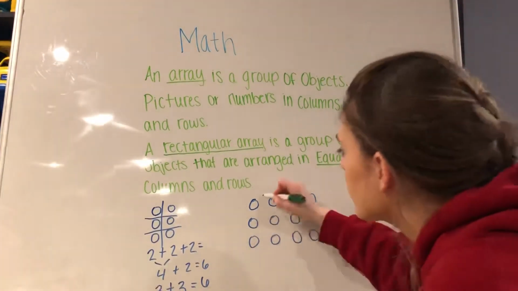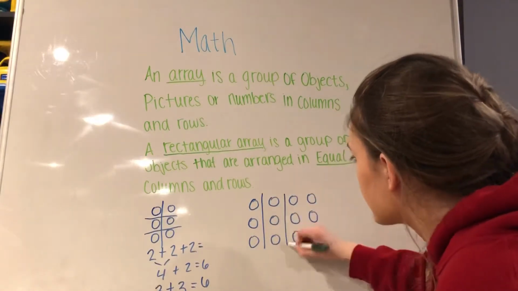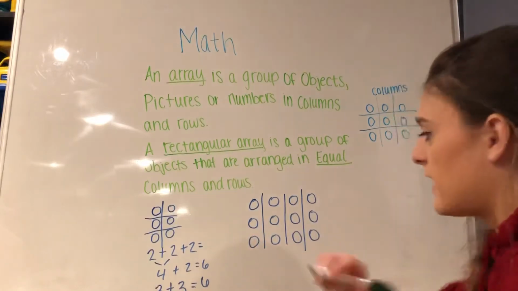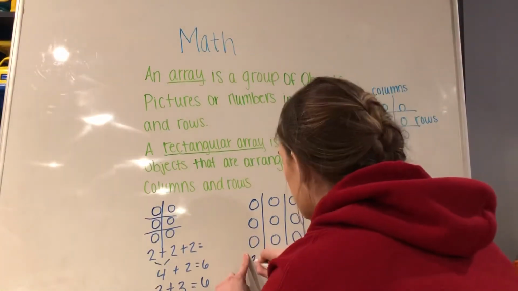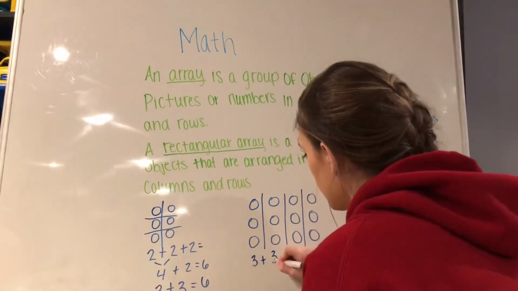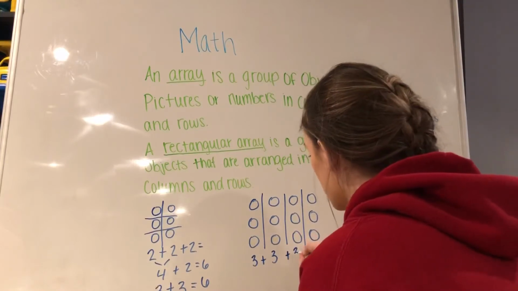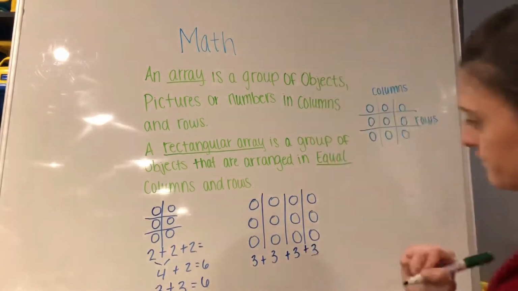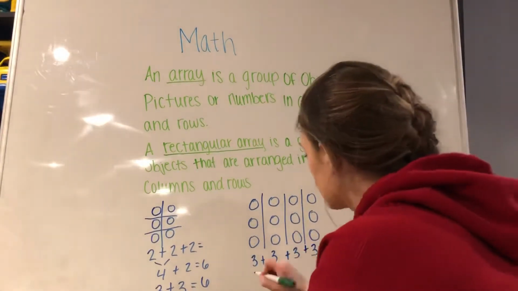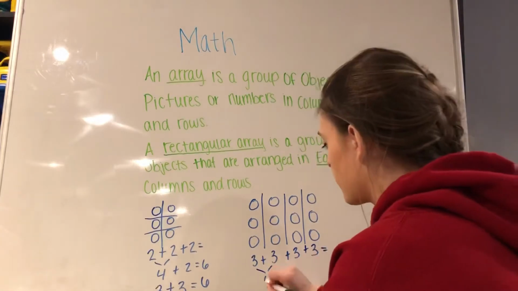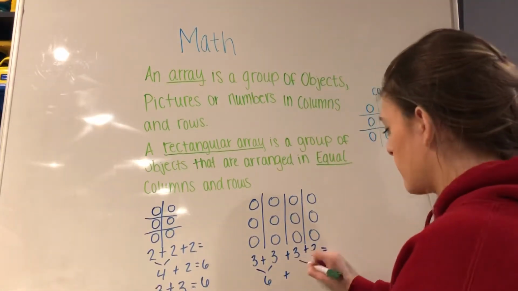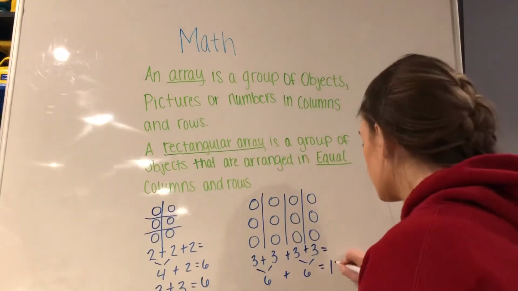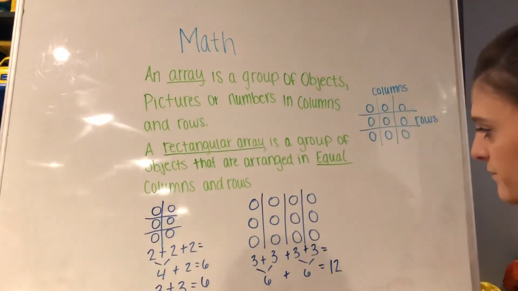So our columns are our up and down, and we have 1, 2, 3 in each. So we have 3 plus 3 plus 3 plus 3 here equals, and we know 3 plus 3 is 6, plus 3 plus 3 is 6 equals, and these are doubles, so we know that that's going to be 12.